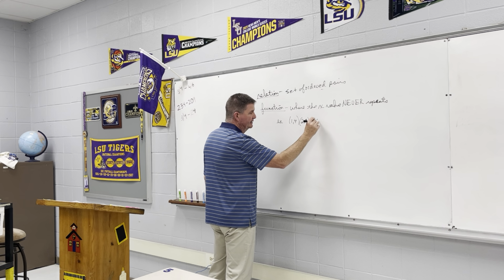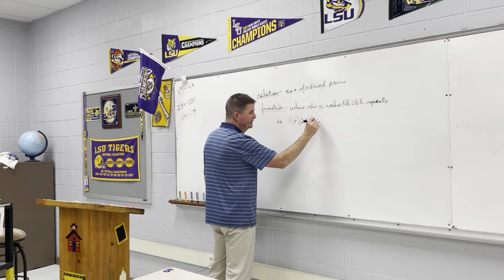And just like a relation, the function has a domain and a range. This function's domain would be 1, 2, and 9. And the range would be 4, 8, and 14. So this would be a function.